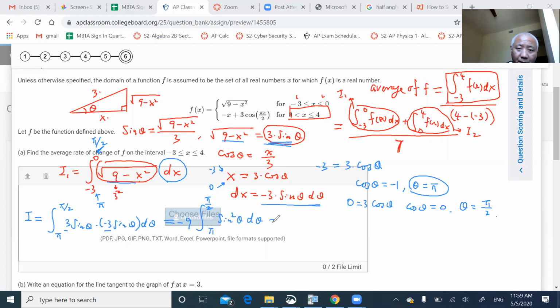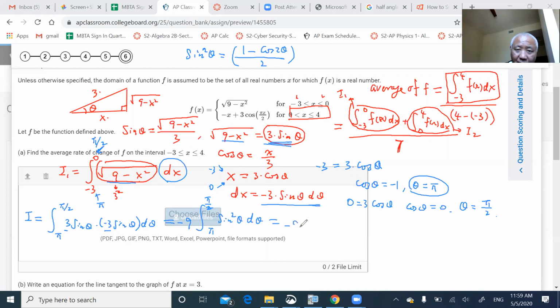And then we're going to use the half angle formula: sine square theta equals 1 minus cosine 2 theta, divided by 2. Why am I doing this substitution? Because the square is hard to integrate, but if I change to this, the integration is easier.